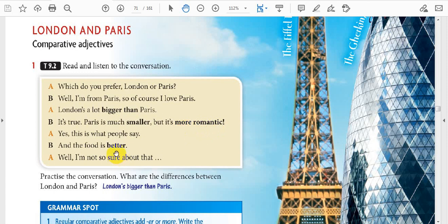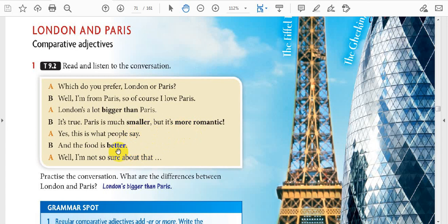Yes, this is better, which is another grammatical basis. With better, we have some words that do not follow the grammatical rule of adding er or more, like good. ما تصير gooder or more good، تصير better.